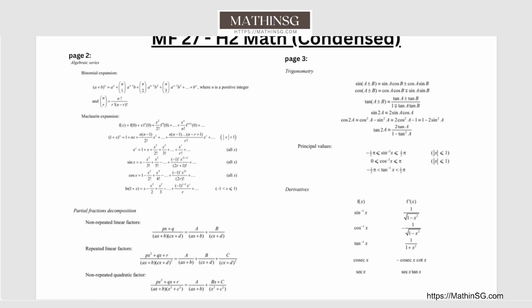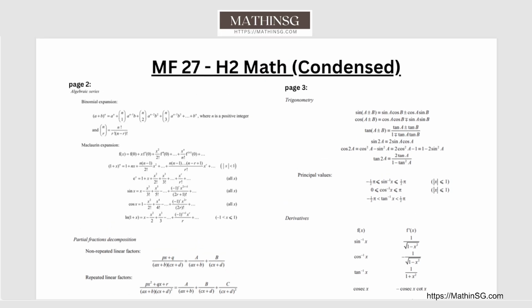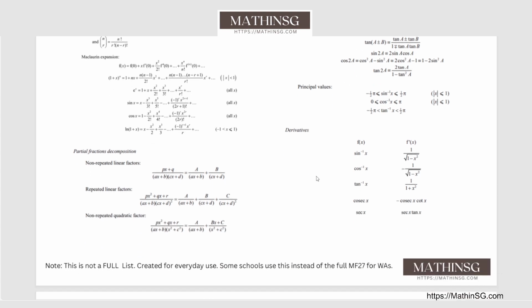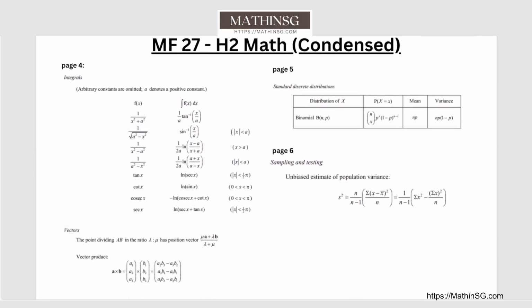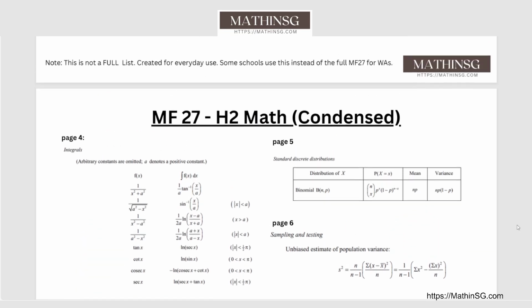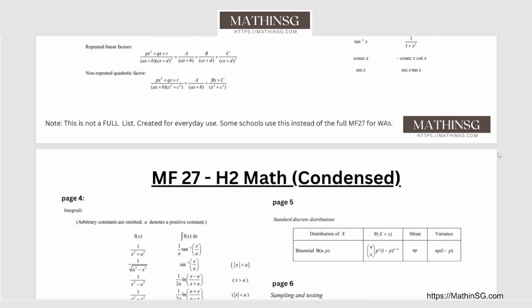So I've also made a condensed version of MF27, which contains only the formulas that you need for H2 math, because the MF27 is for all the various exams, your H1, H2, and H3 math, as well as further math. So there are many more equations, but I have already condensed them into 2 pages so that you can actually print it out on a single piece of paper, front and back.